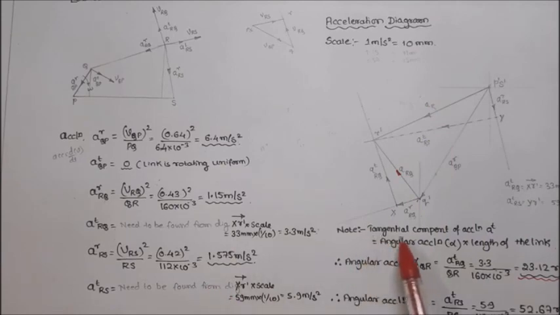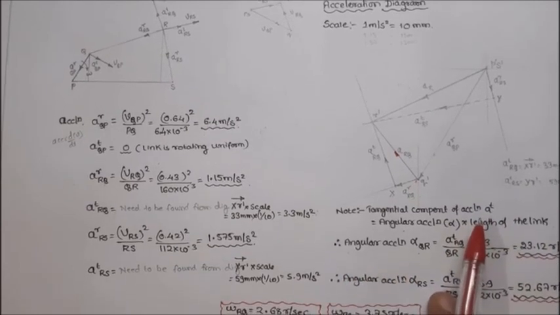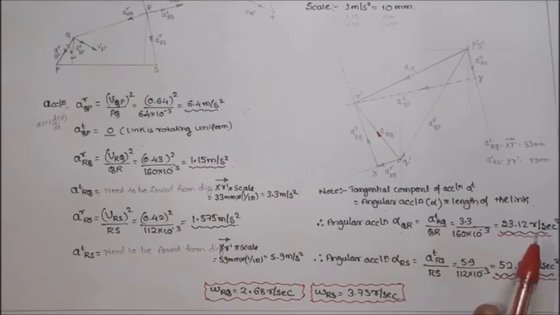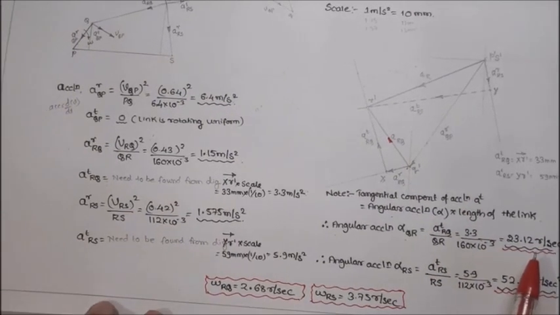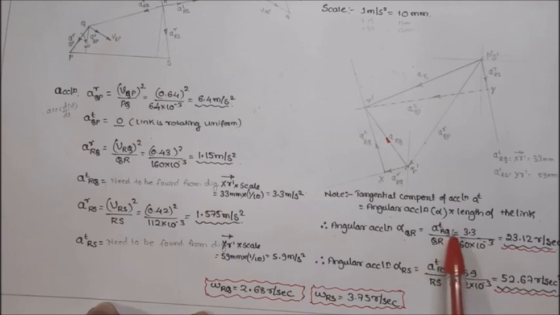Then we know, and this is important, that the tangential component of acceleration is equal to angular acceleration into length. We require the angular accelerations of each link, so we need their tangential accelerations. The tangential acceleration of each link divided by the length of the link will give you the angular acceleration. So this is alpha QR and alpha RS.